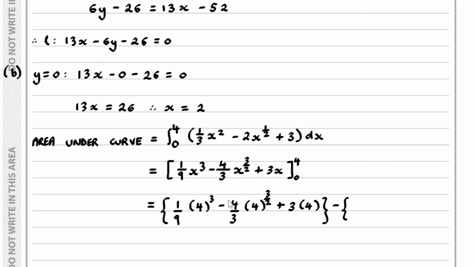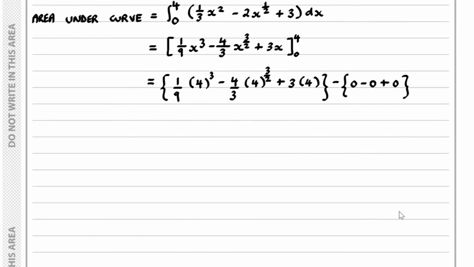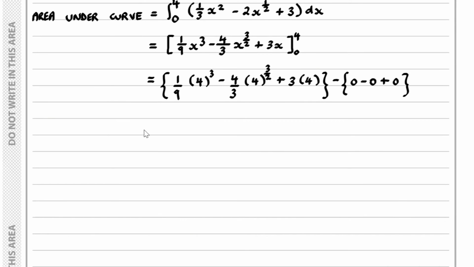And for my lower limit, we have 0 minus 0 plus 0. And so what we end up with for the area under the curve is 76/9.